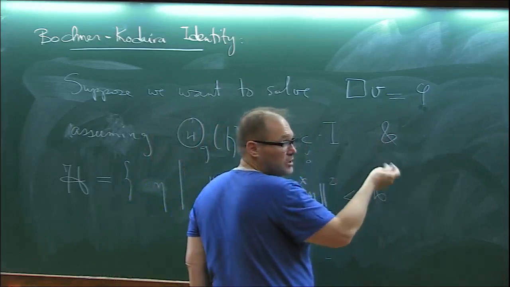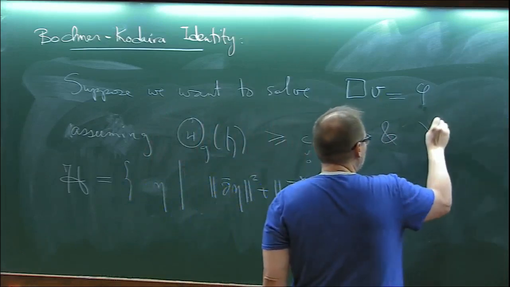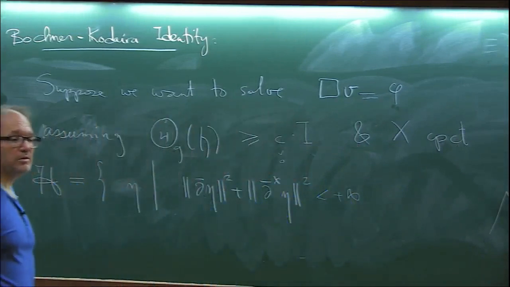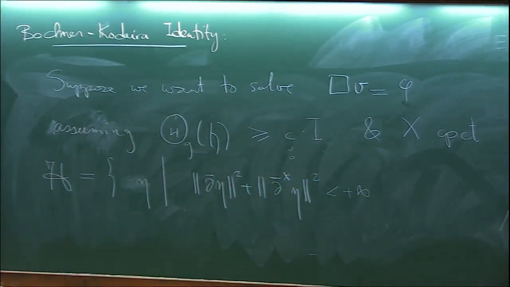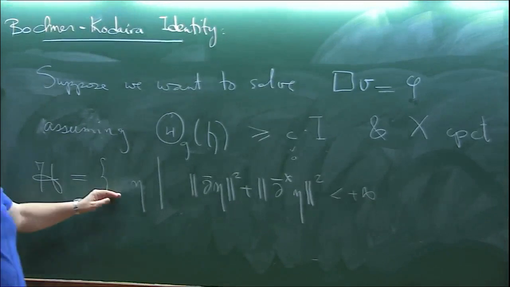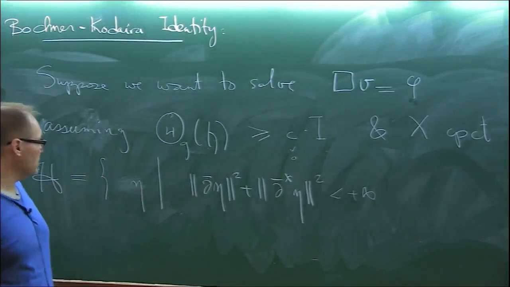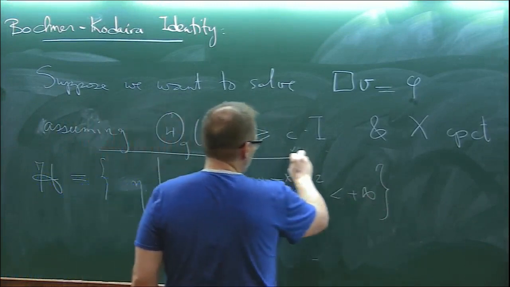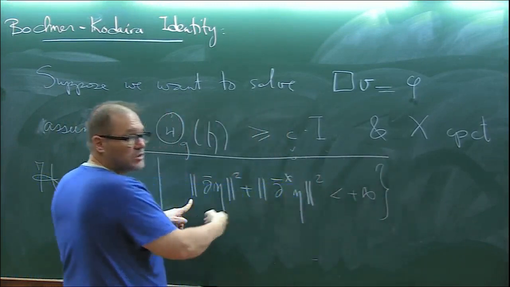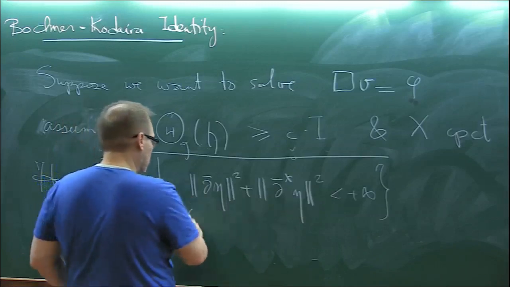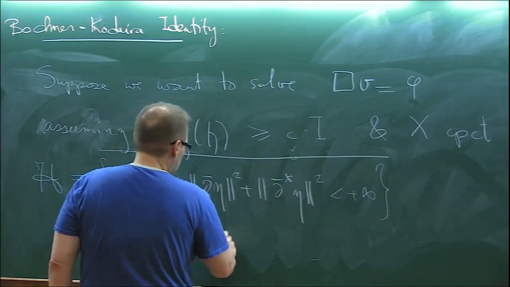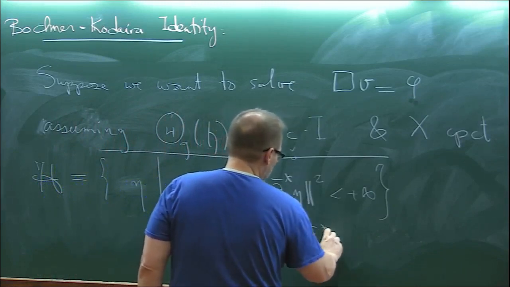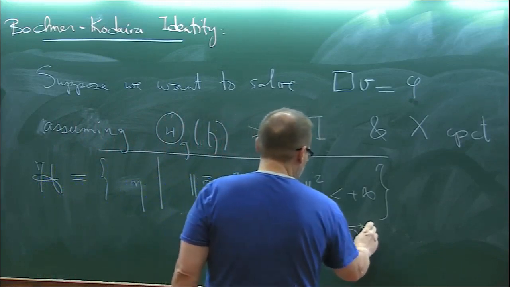For now, we're going to deal with this later, let's assume that X is compact. There is no boundary to deal with, so we can just take smooth forms. We don't have to say compactly supported. So this is some inner product space, and then we'll take the closure with respect to the associated norm, which is just the inner product of d-bar eta, d-bar zeta plus d-bar star eta, d-bar star zeta.